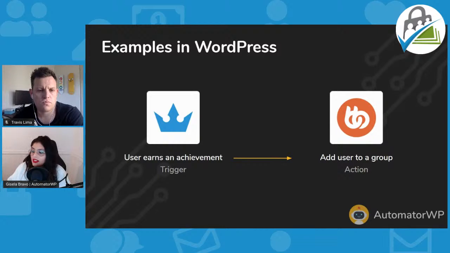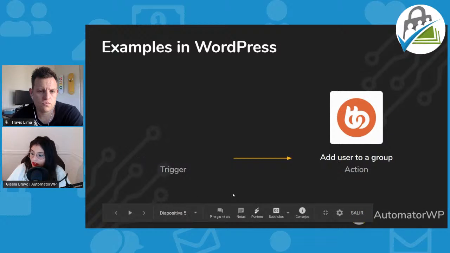So let's imagine that this user earns some points and finally earns an achievement. Through Automator WP, we can in that moment add that user to this important group. We can do everything automatically. But we are going to continue with more examples.